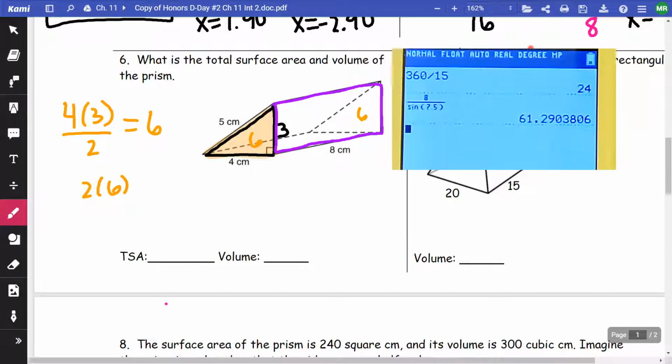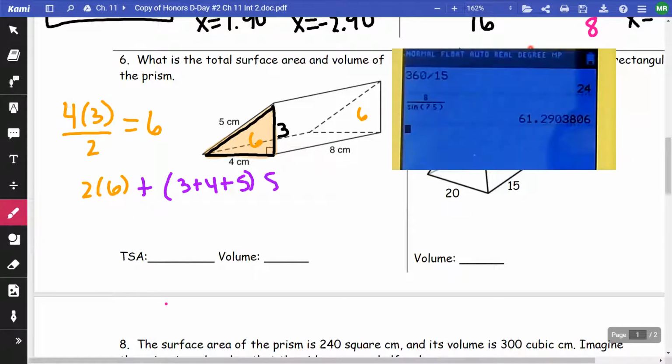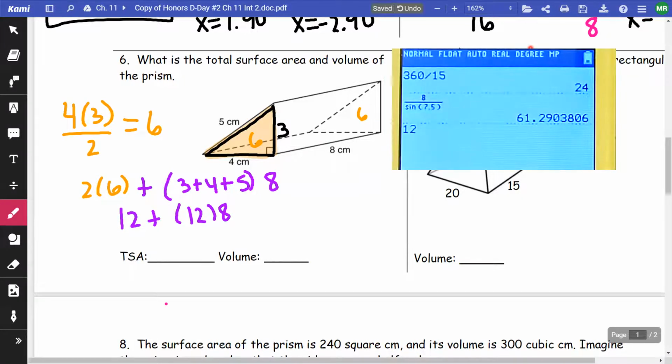So I can find each of those separately, or just take the perimeter, 3 plus 4 plus 5, and multiply that by 8. Well, that's basically 12 times 8. So I'm going to have 12 plus 12 times 8, which gives me 108 centimeters squared.